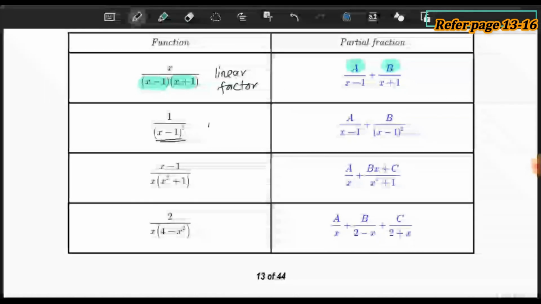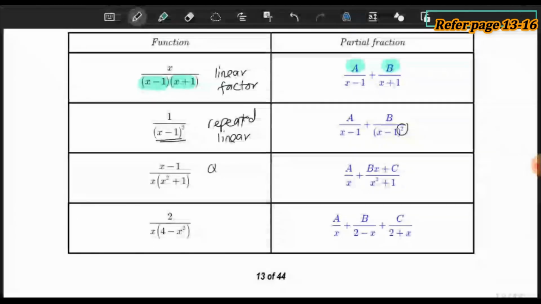And for repeated linear factor, we need to increase the power one by one. First, we have a over x minus 1 plus b over x minus 1 square. We increase the power one by one.